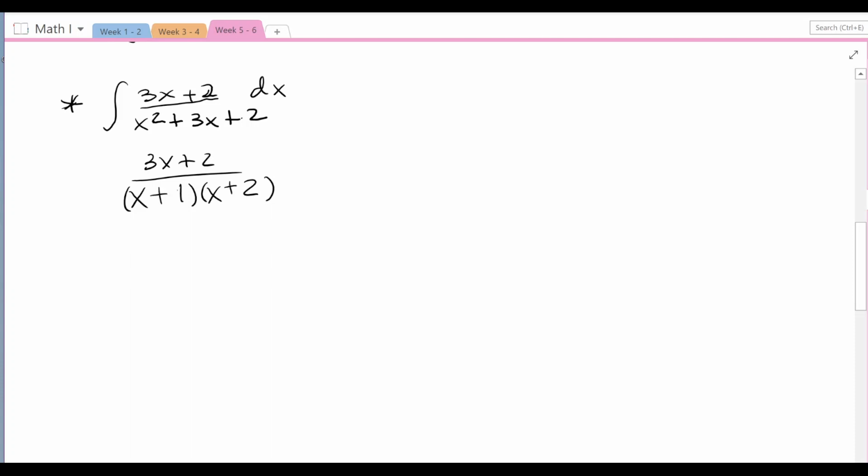So as you can see here, the factors are unique: x plus 1 and x plus 2, with x being, if it is 0, then x equals negative 1 and so on. So in this case we have to decompose it: the first factor is x plus 1, with the unknown A, and then the second term is the unknown B with the second factor x plus 2.